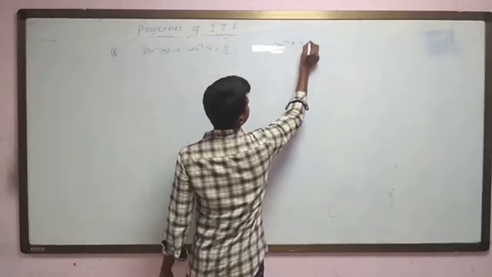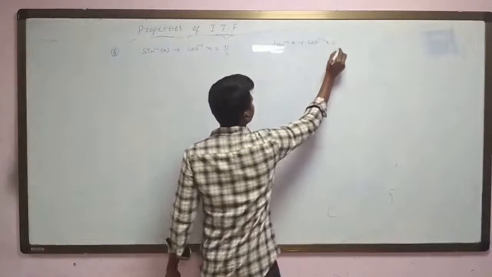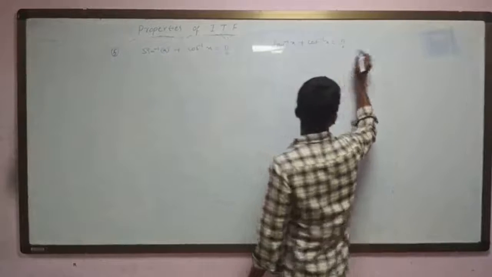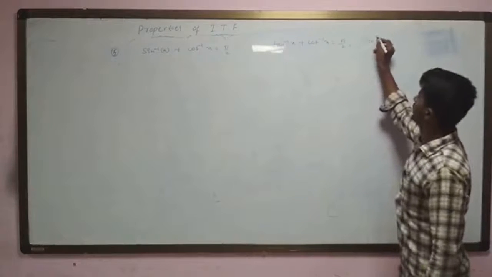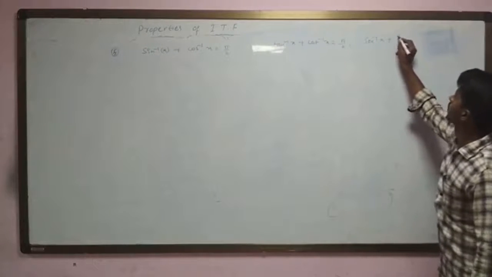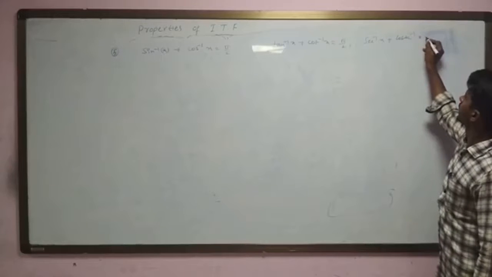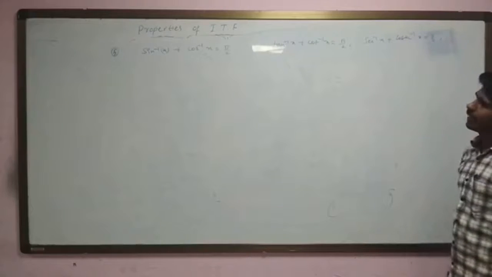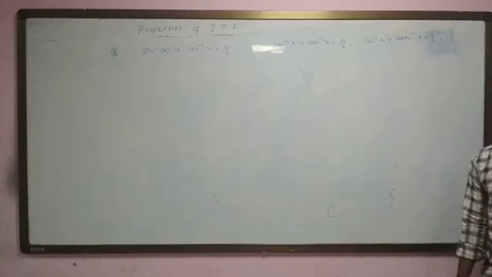Tan inverse x plus cot inverse x equal to pi by 2. Secant inverse x plus cosecant inverse x equal to pi by 2 in their respective domains.